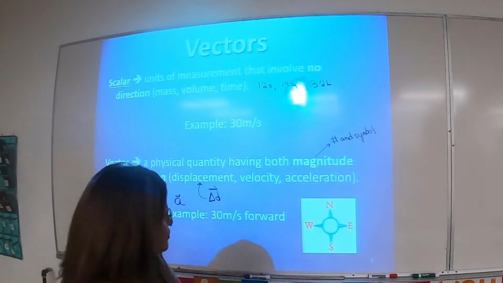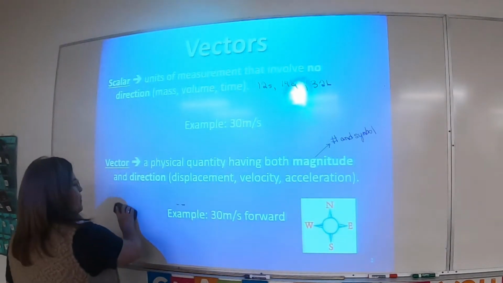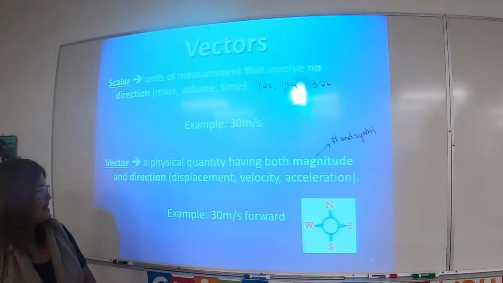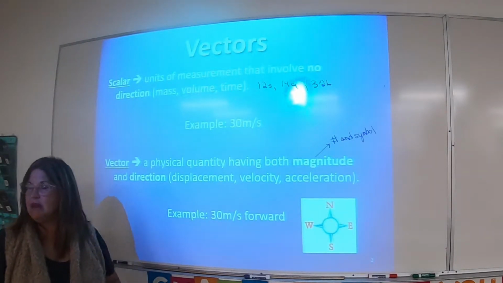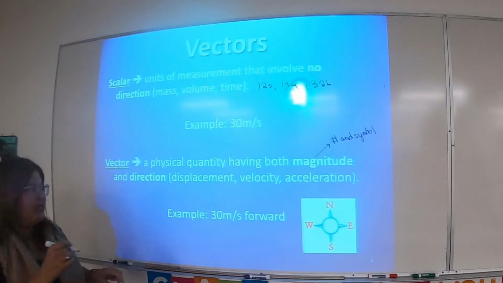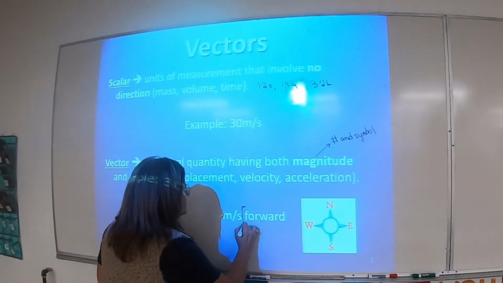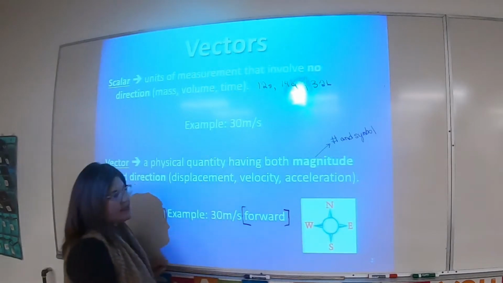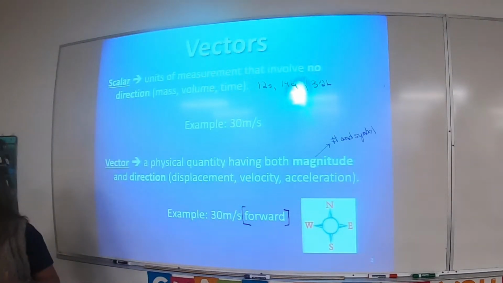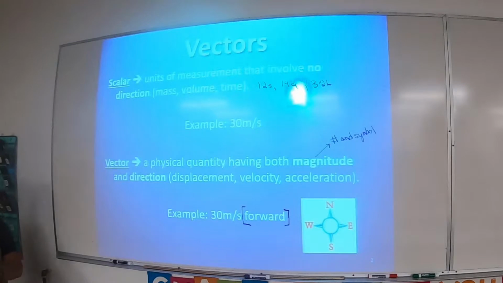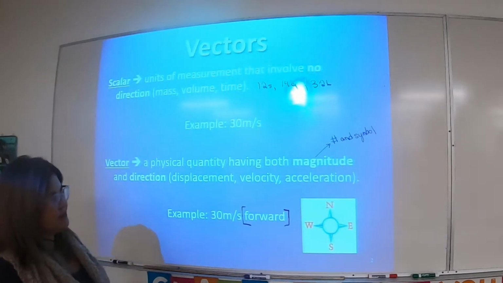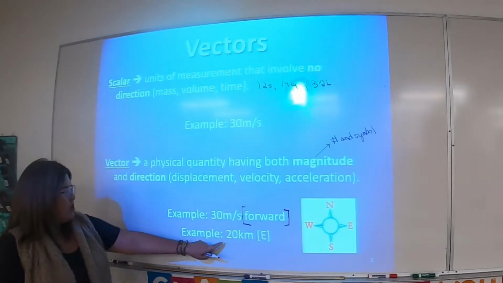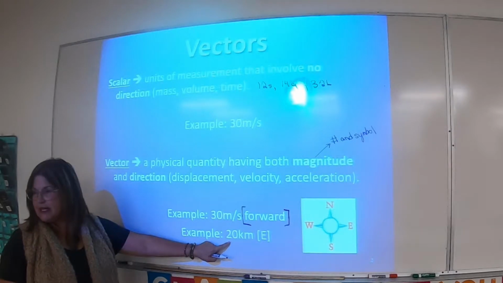If we have a direction, one of the things we can do is say maybe 30 meters per second forward. We're going to start putting the directions in square brackets, because that is usually how you see them. So 30 meters per second [forward]. 20 kilometers [east].